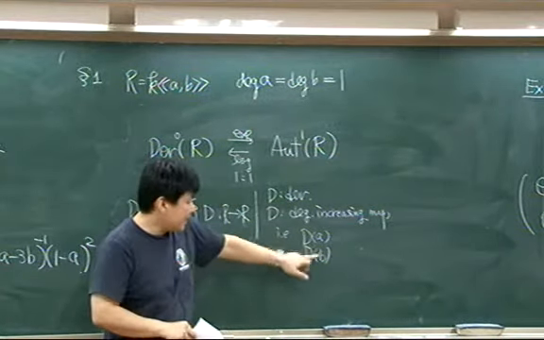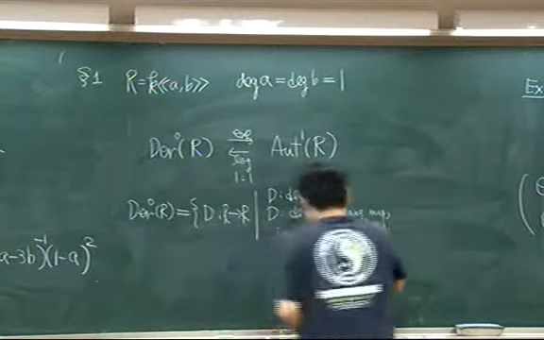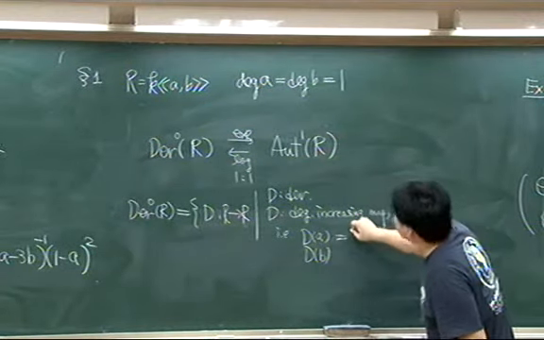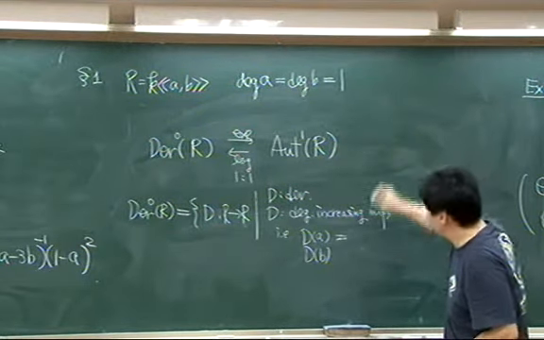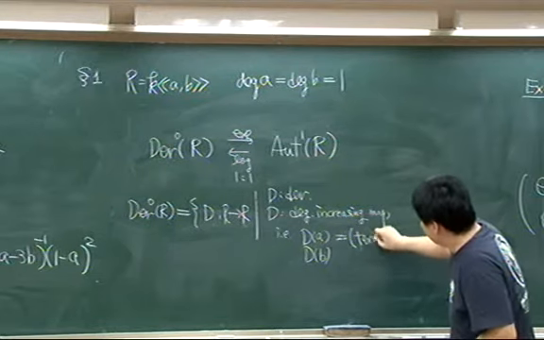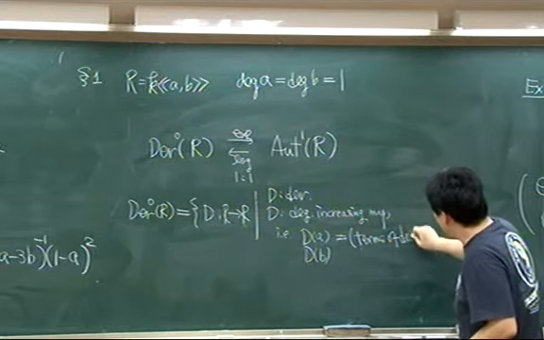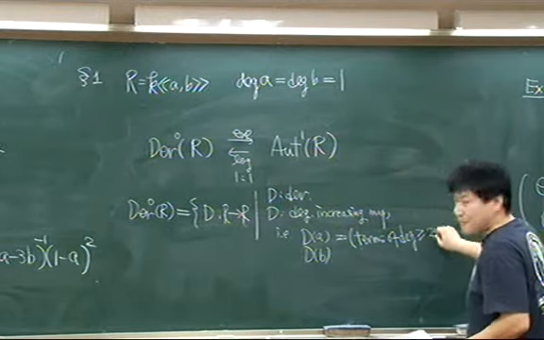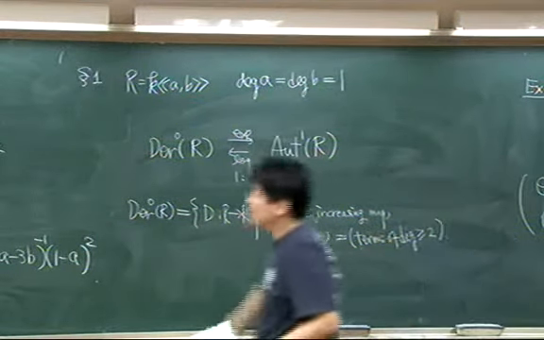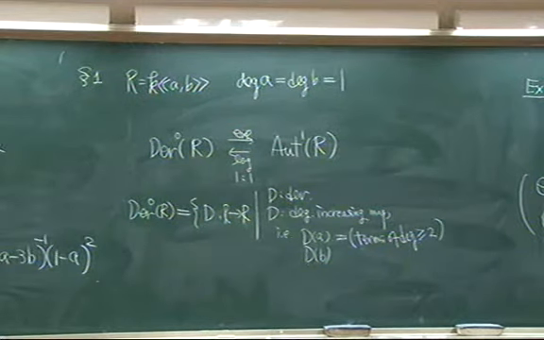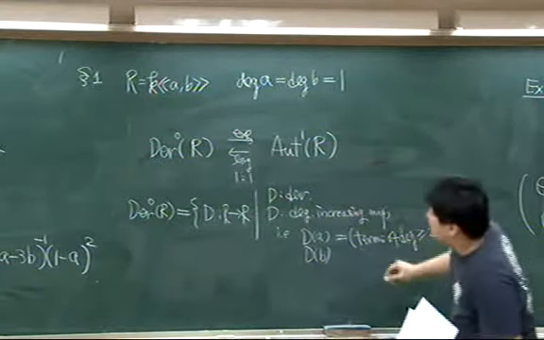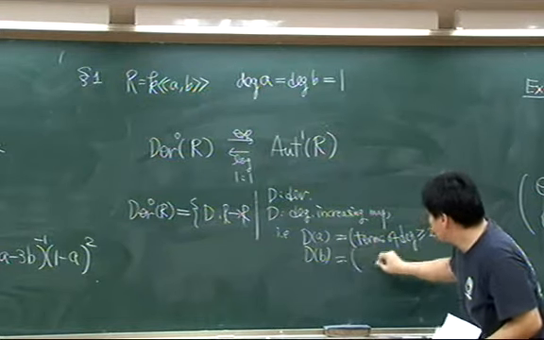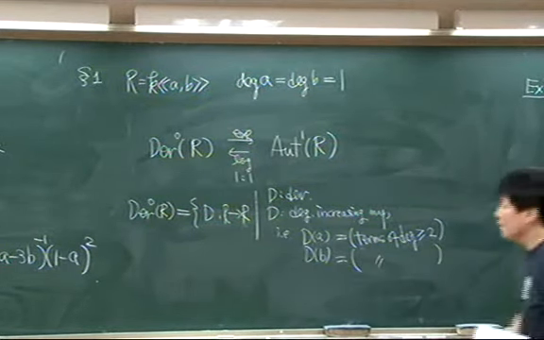So the image of A and B under D should have degree larger than 1, larger than or equal to 2. So these are terms of degree larger than or equal to 2. Right? For example, in this problem, the image of A is a degree 2 element, so this example is a degree increasing derivation.